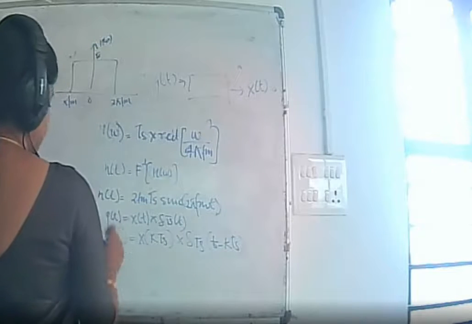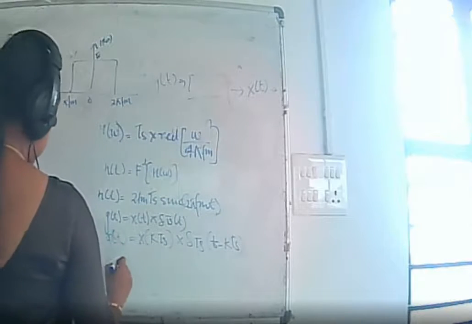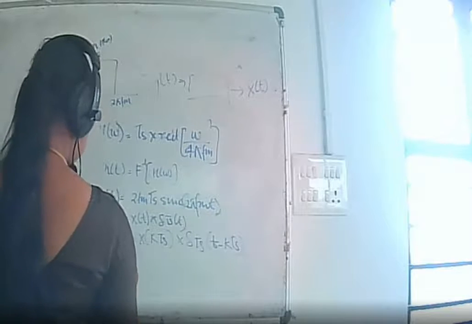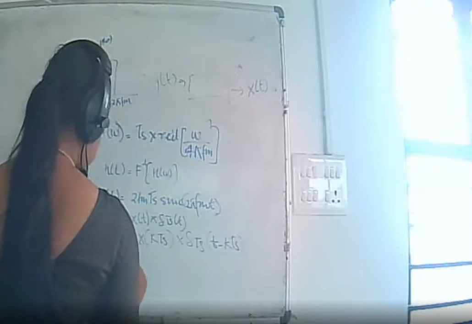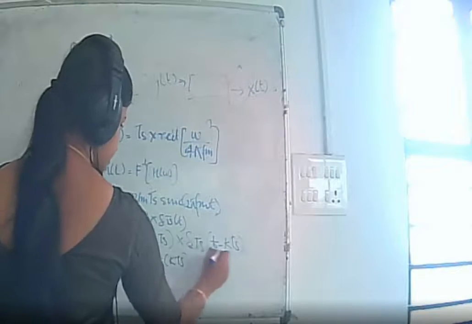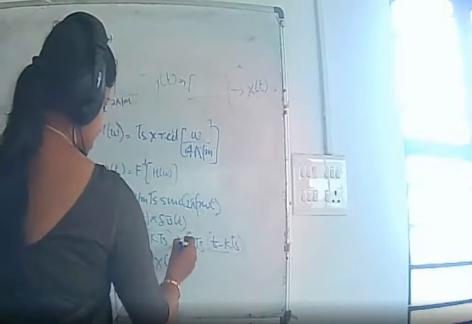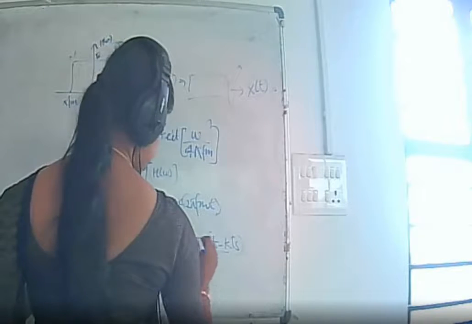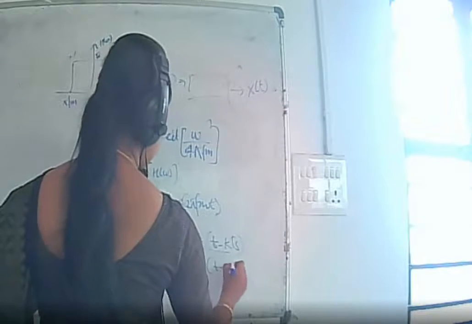So from this we can find the filter output x of t as g of t equal to x of kTs into the impulse response, which is h of t minus kTs.